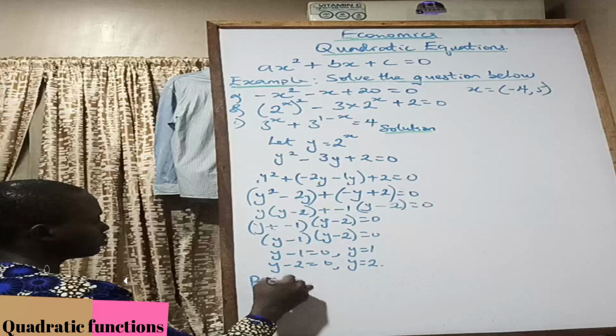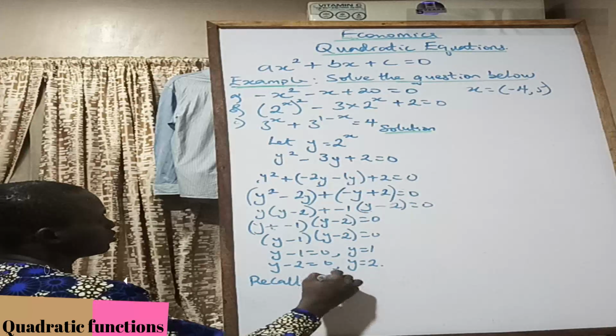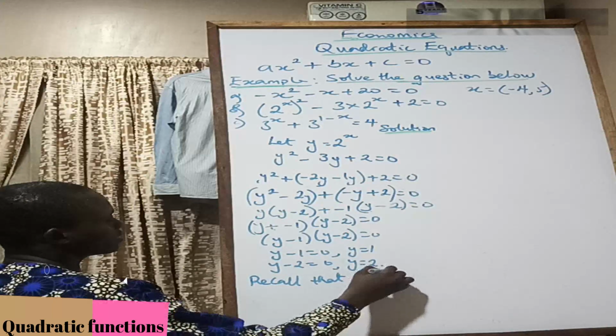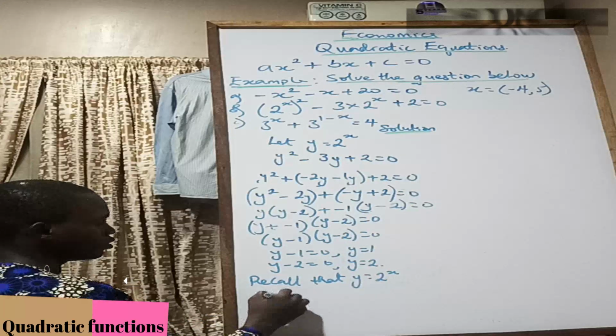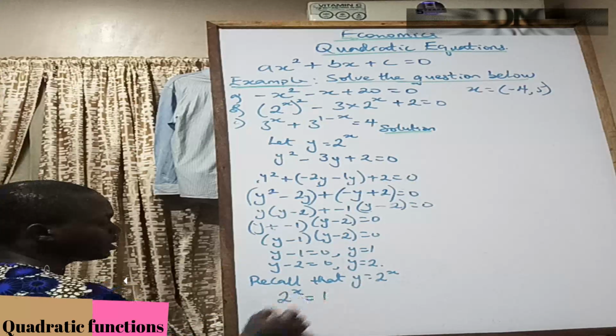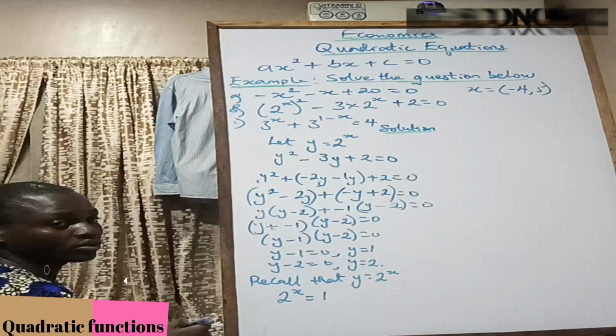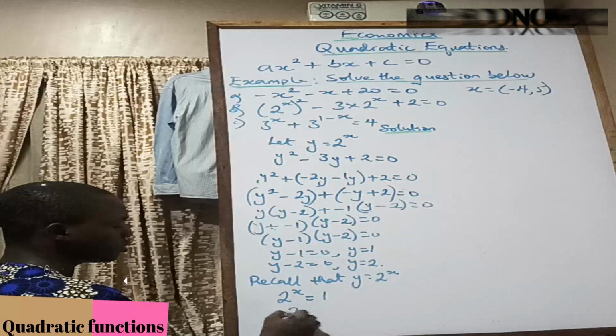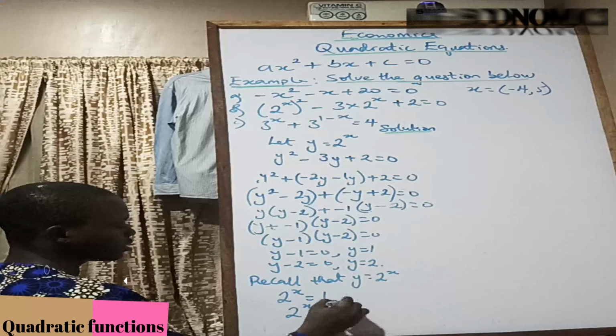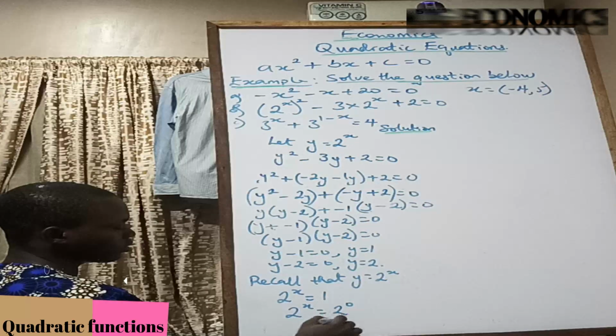Recall that y equals 2 raised by x. So for the first one, 2 raised by x equals 1. But from indices, anything raised by 0 is 1. So 2 raised by x equals 2 raised by 0, so x equals 0.